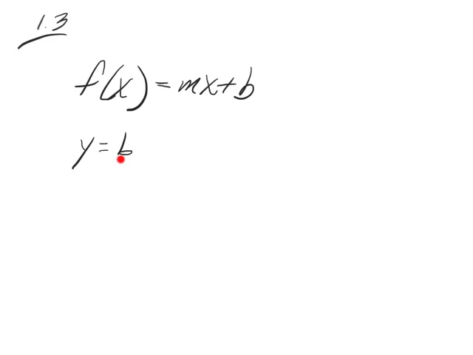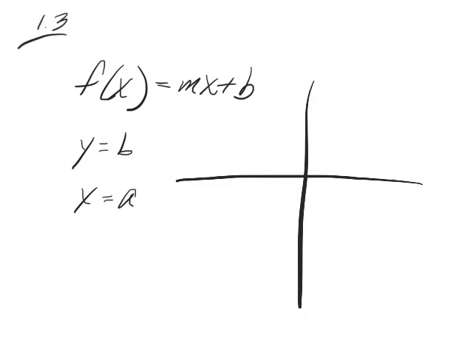If we have an equation where x equals a, we have a vertical line, and we can put any number in there for a that we want.